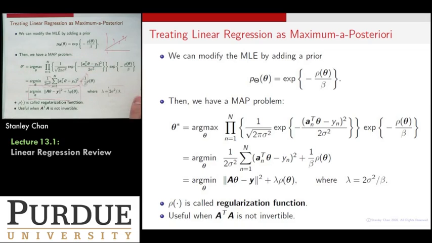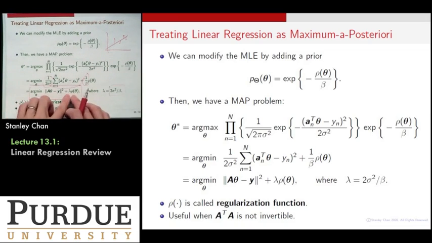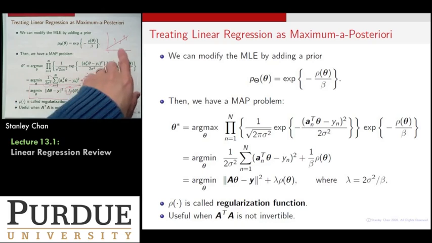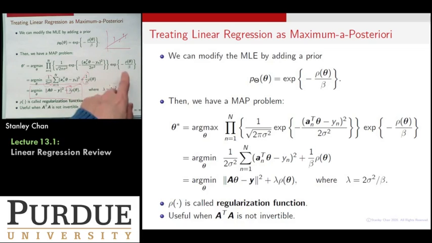At the end of the day, what you really care about is this number lambda. Lambda would be a ratio of sigma square and beta. And normally you don't choose sigma square, you don't choose beta, you just try and error for different lambdas. But if you adopt the maximum likelihood point of view, you first look at the data set, and then you find out what sigma would match, and then you find out what kind of beta would be a good prior according to 20 years of experience.